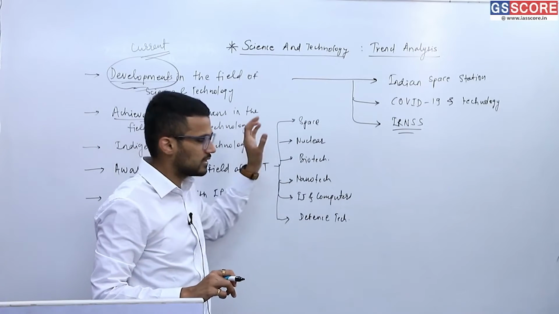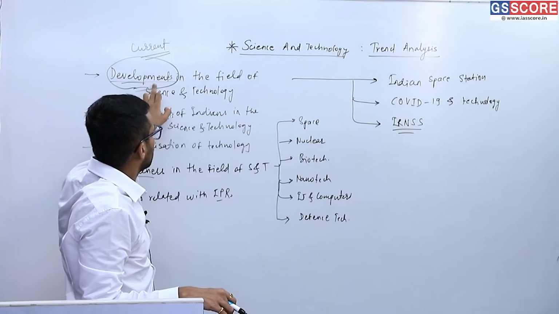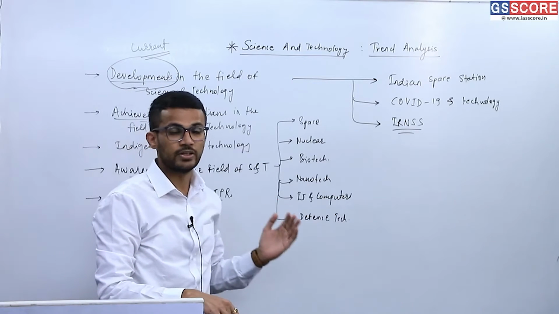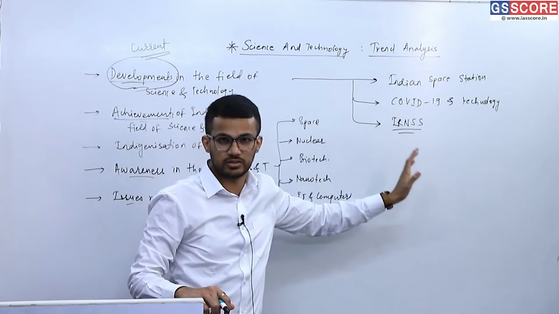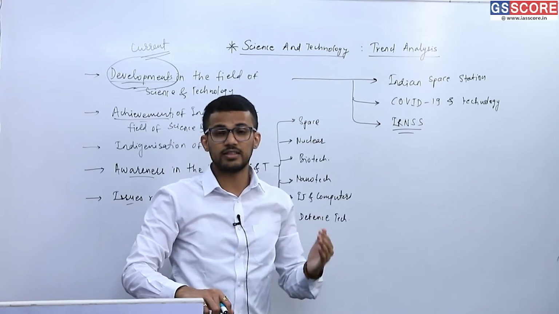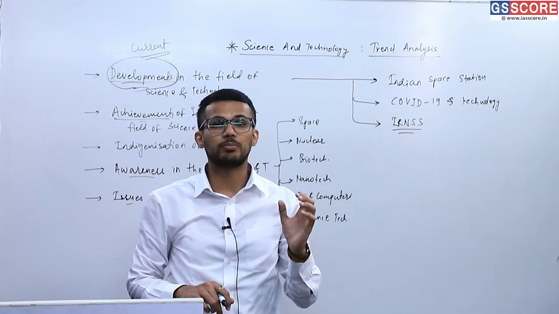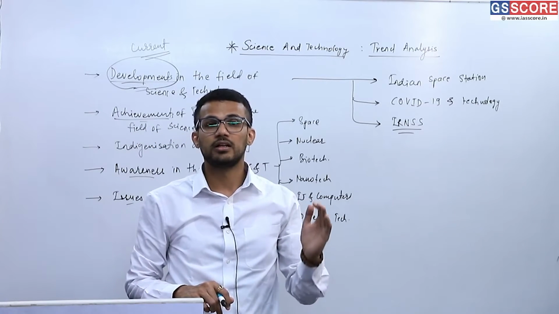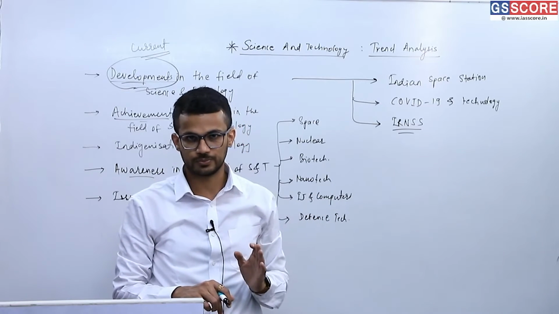So we can see here that the questions that are being asked from this topic, developments in the field of science and technology, are current based questions, right? And hence it becomes important for us to focus on important developments that are occurring in various fields of science and technology.